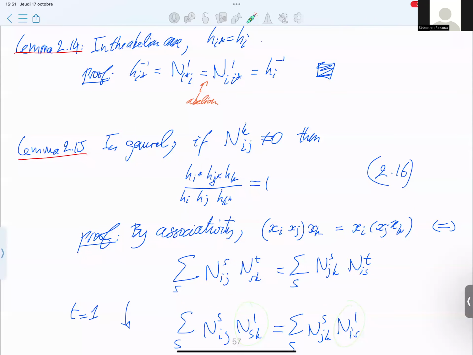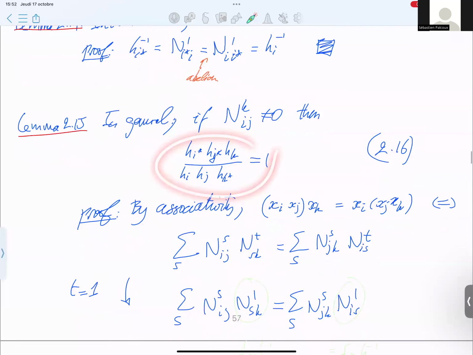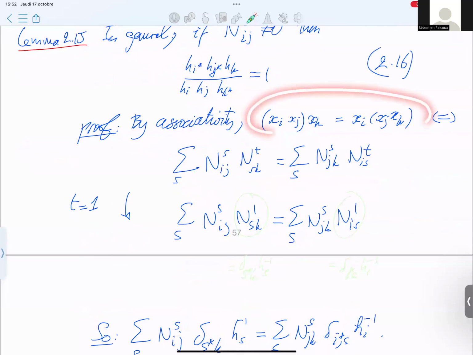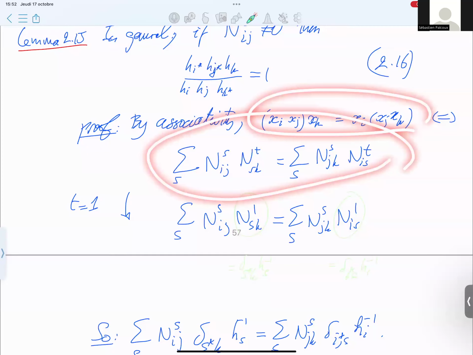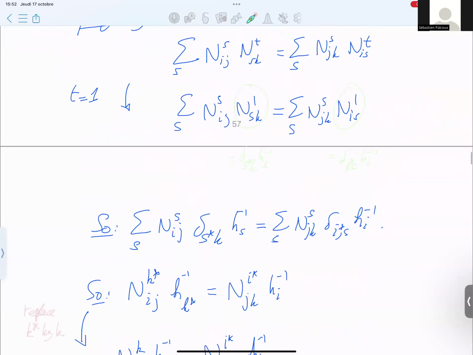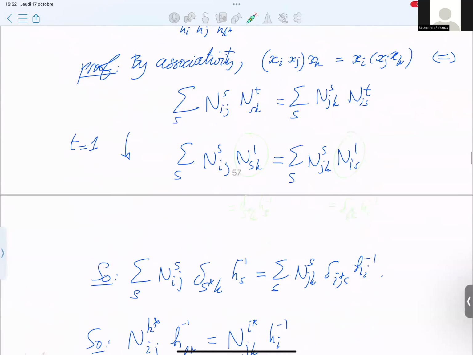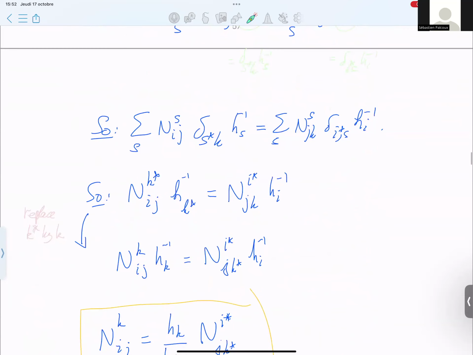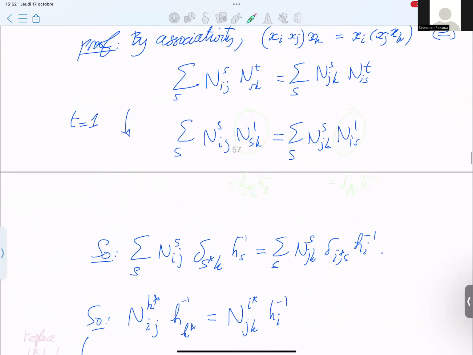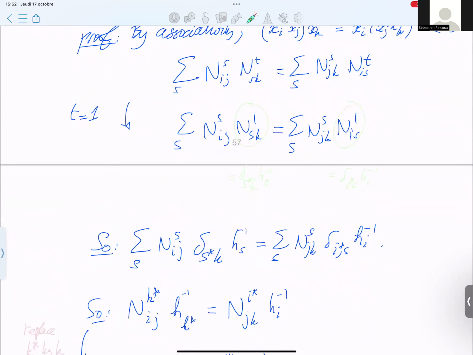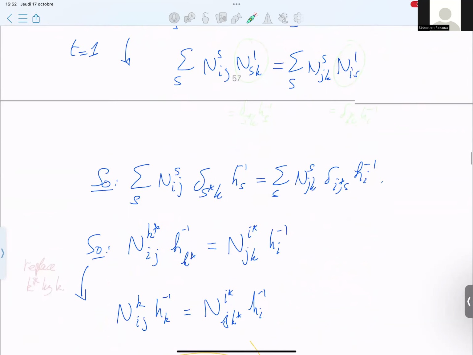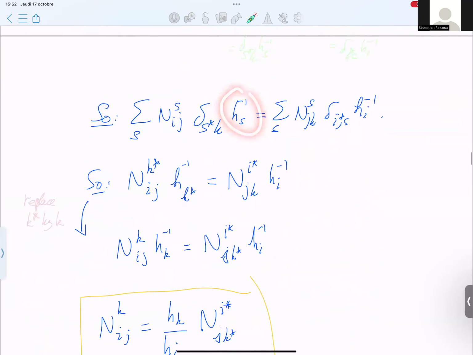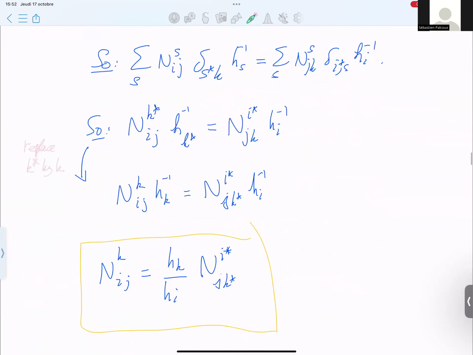So if you assume this assumption, you can use the associativity to get this kind of equality. You reformulate the associativity in terms of the fusion coefficients, you take t equal 1, and then you take t equal 1 again to get something related to this constant. And then you reformulate and you get that.